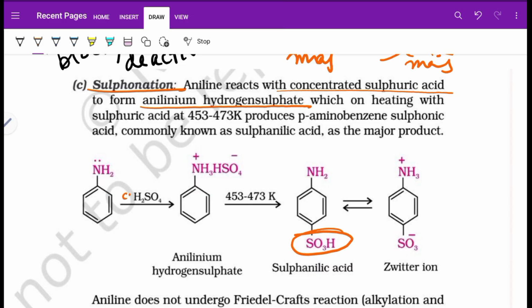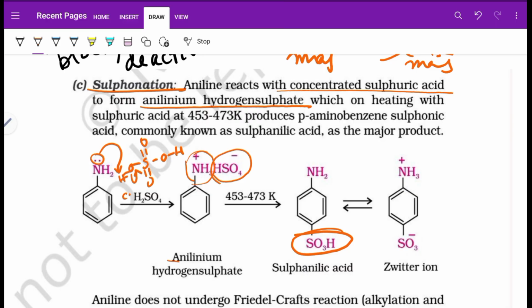Why? The reason is the H plus abstraction. So we can say sulfuric acid has this type of structure, right? It has this type of structure. So this lone pair abstracts the proton and you get NH3 plus and the counter ion is HSO4 minus.